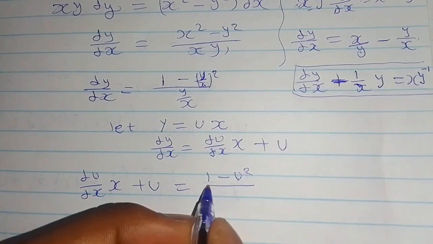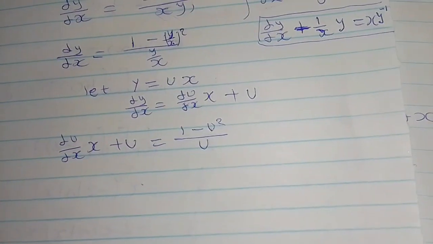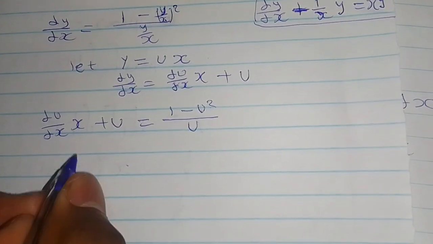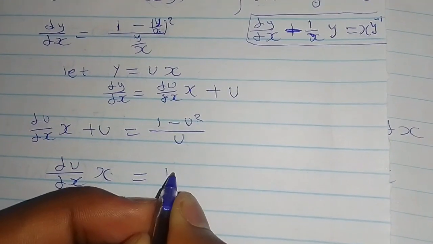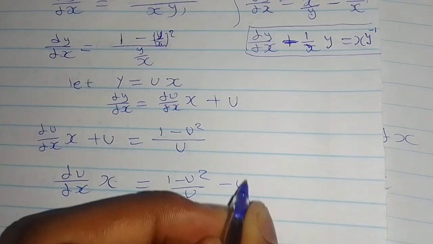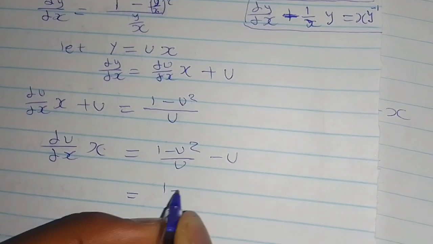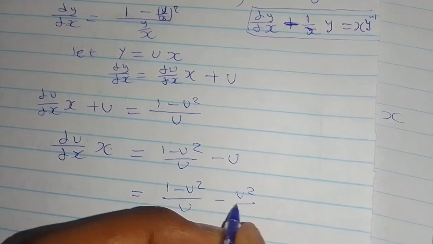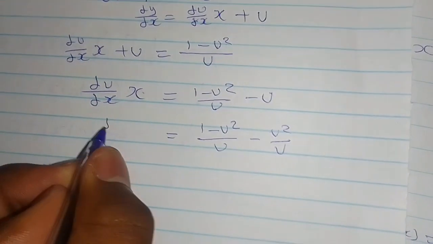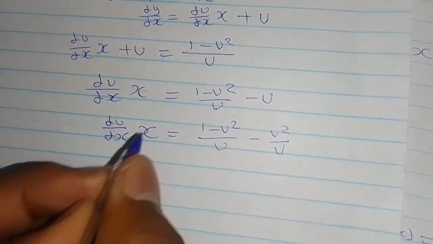Then du/dx times x equals 1 minus u squared over u minus u. But you can rewrite this as u over u, so you have u squared over u.